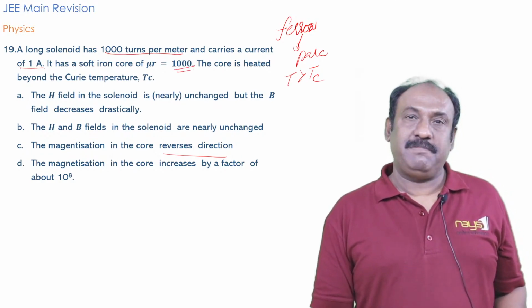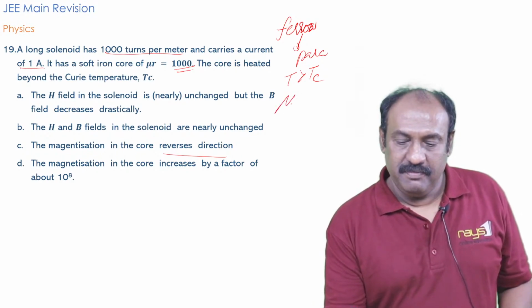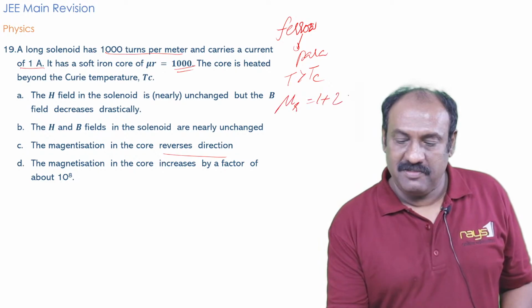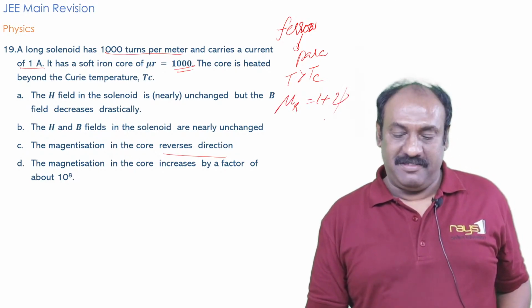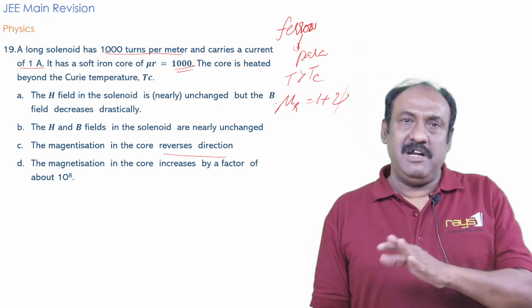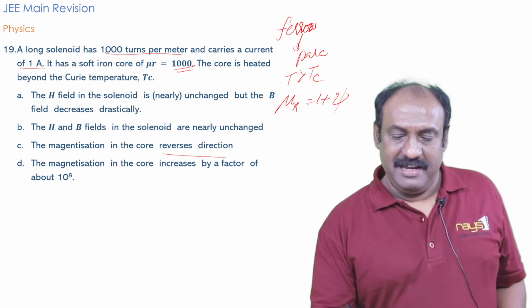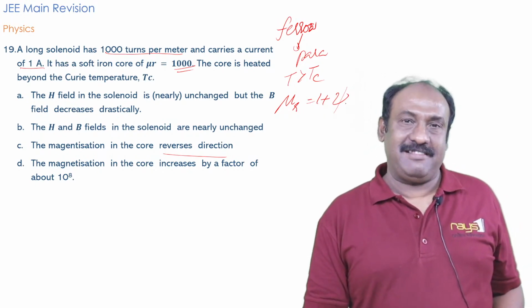So what is the susceptibility here? It is mu r equal to 1 plus psi. Relative permeability is 1 plus psi. Approximately when this mu r is very, very high, then susceptibility is also in the same ratio. So due to that, here mu r is approximately taken as susceptibility.